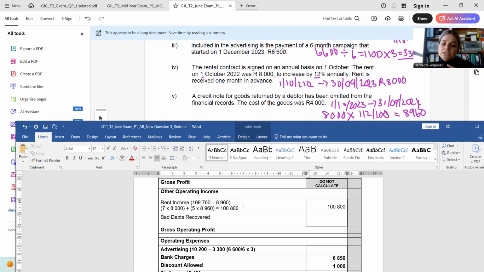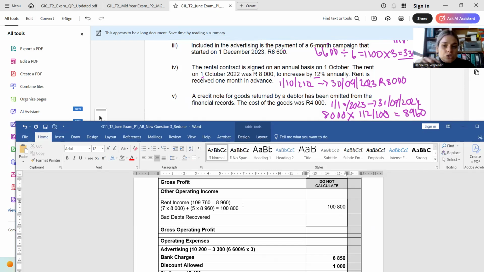So that's a bit of a more difficult adjustment, only because we didn't give you the increased figure. Plus, yes, we could have just gone and said 8,000 times 112 over 100 and just subtract that 8,960, which we did in the end, because they said it's received 1 month in advance.